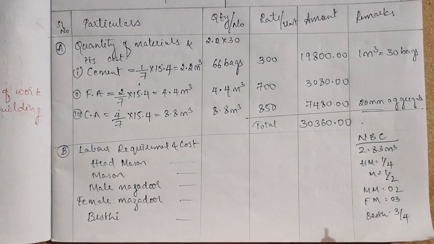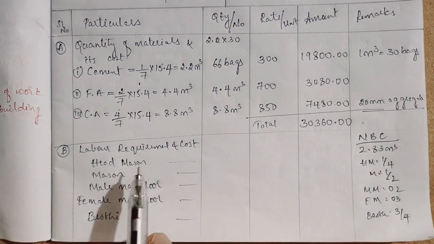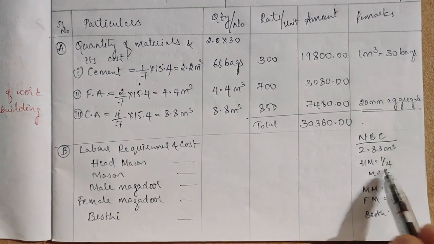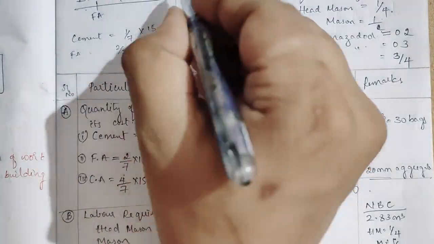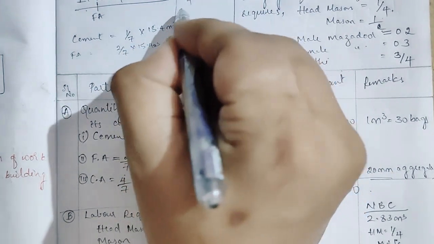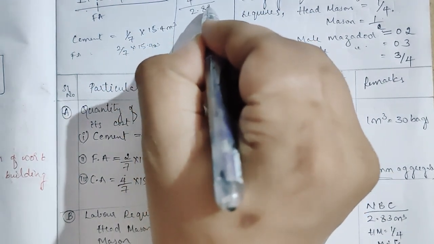So how to calculate now? For head mason and mason, and the others also, you have to do the same. So 1/4, right? So let's see here, 1/4 into 10 divided by 2.83.